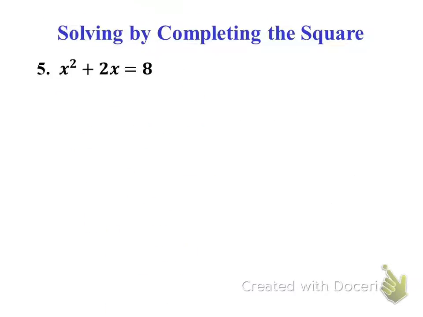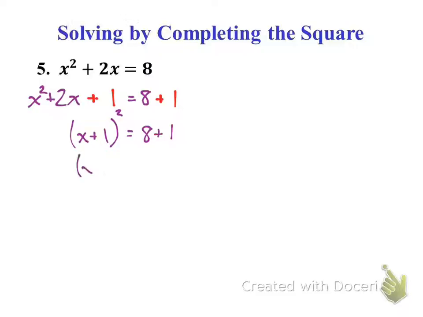X squared plus 2x equals 8. So half of the middle term, or sorry, middle term divided by 2 and squared. That's what we add to both sides. Then we write the left side as a completed square. This turns into x plus 1.